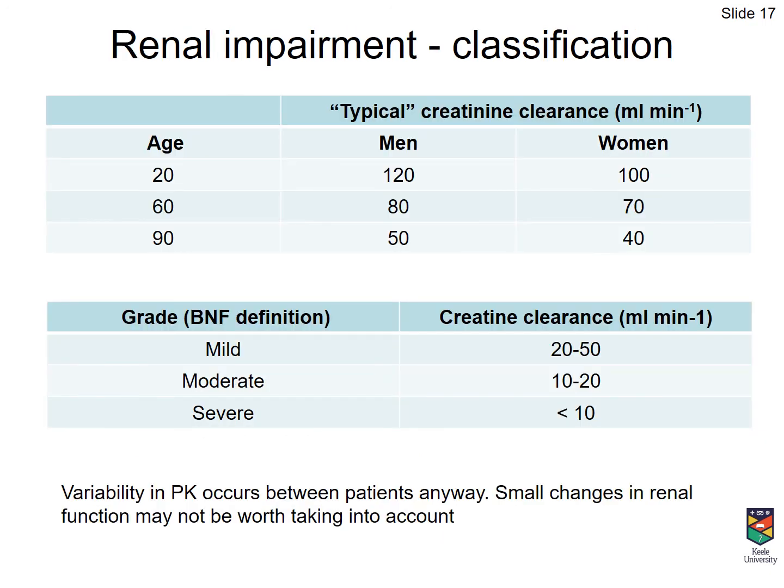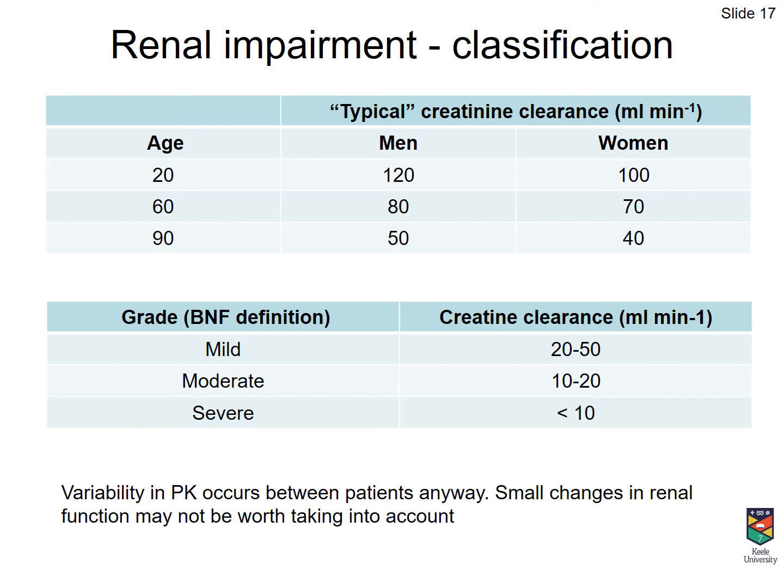Okay, so the next thing we need to consider is what constitutes renal impairment. If you recall, as patients get older, the renal function decreases anyway, so creatinine clearance tends to decrease as patients get older, and renal clearance differs between men and women anyway. So the BNF defines 3 levels of renal impairment: mild, moderate and severe, and that reflects different levels of creatinine clearance.